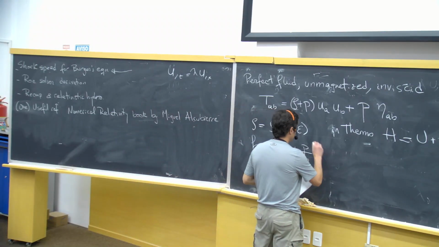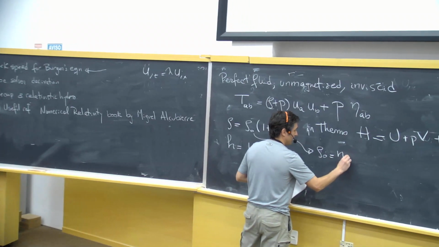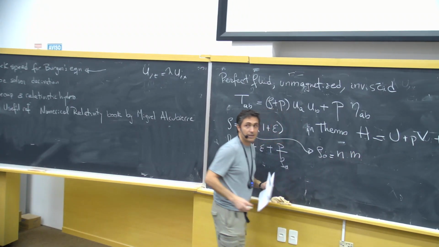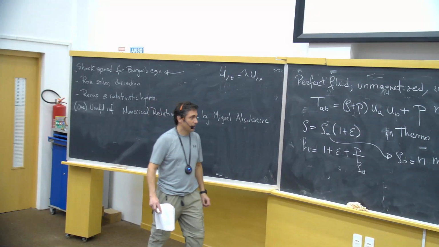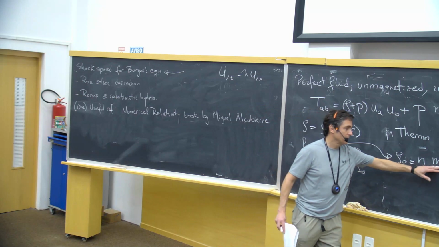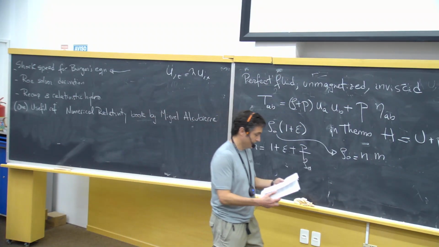So rho 0 sometimes is also written as n times m, where n is the number of particles that describe our fluid, and m is the mass per particle, the rest mass of the particles.